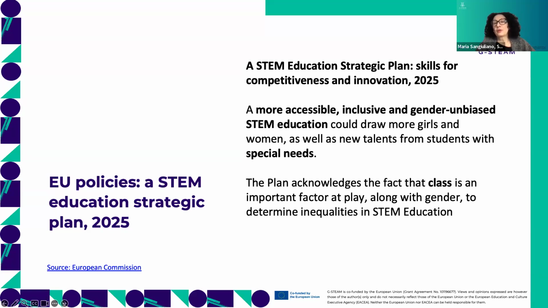The strategy starts from acknowledging that there is a persistent gender gap in STEM fields and recalling how women in 2022 accounted for only slightly more than 1/3 of students in STEM tertiary fields.